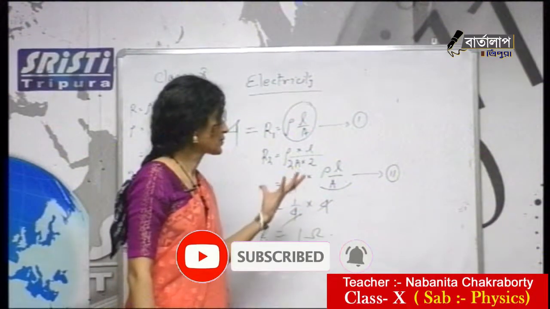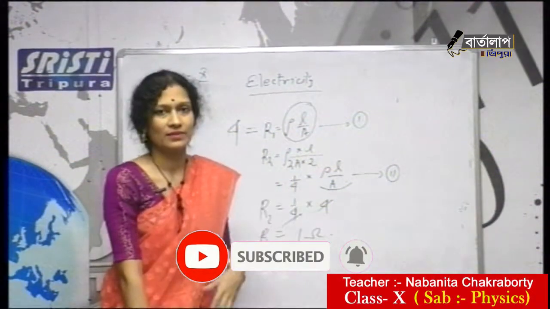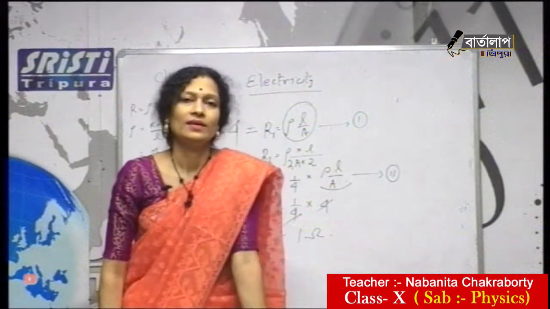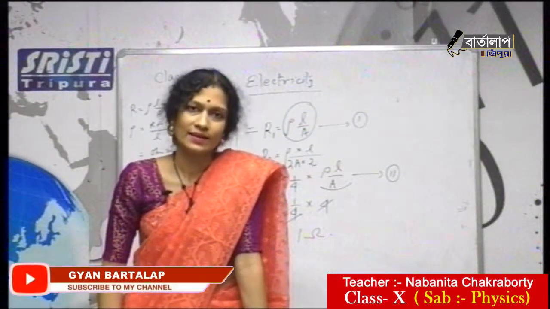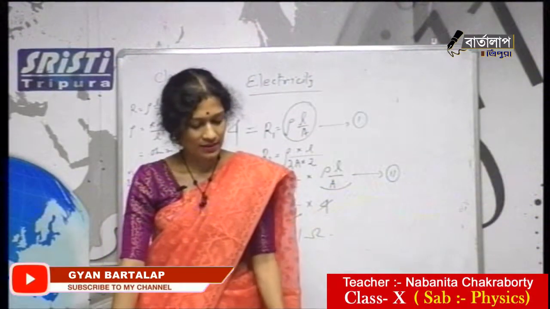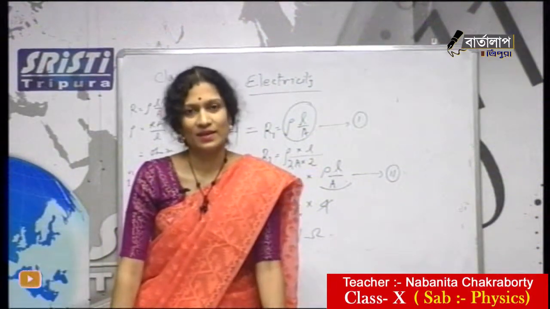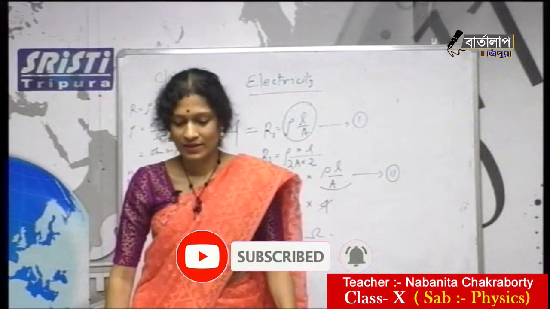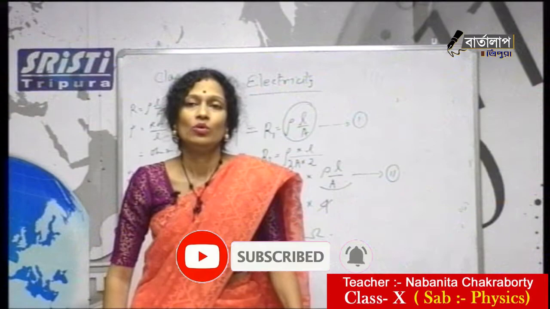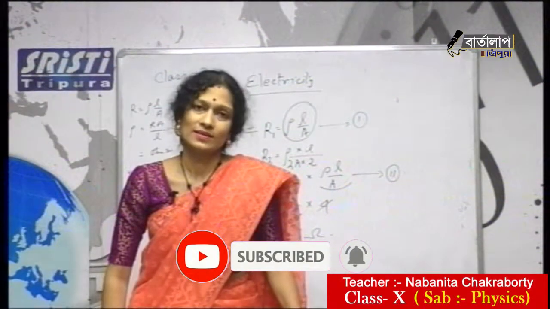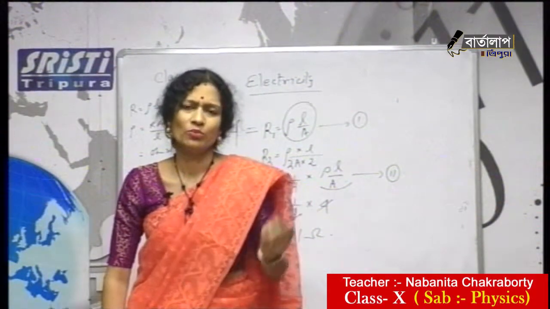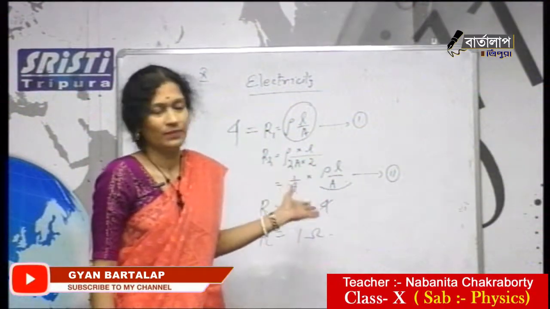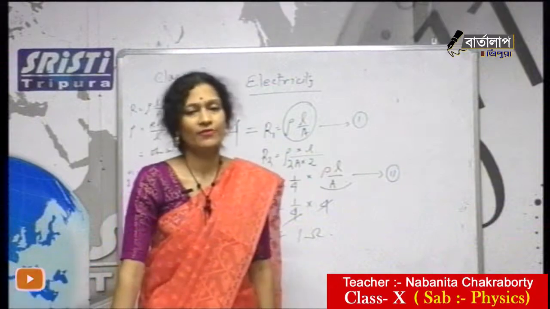As the wire is of the same material, we can calculate the value of R in the second case. So these are simple examples for you for class 10. You will do that whenever you read Ohm's law and the factors on which resistance depends, and apply the formula for resistivity, just numericals very easily.